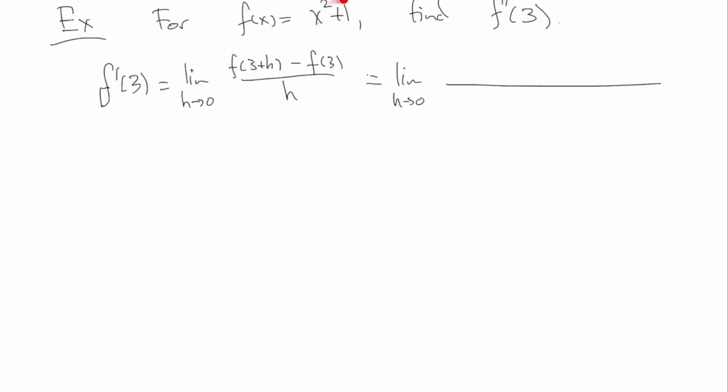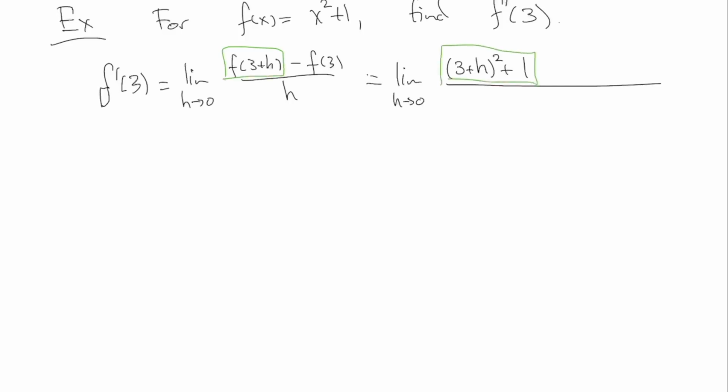That means you look at this function, and wherever you see x, you write 3 plus h instead. So instead of x squared, I'm going to write (3 plus h) squared. And I'm going to put parentheses, because I'm a good boy, and I always write my parentheses when appropriate. And then plus 1. So what I've written right here is just this piece right here.